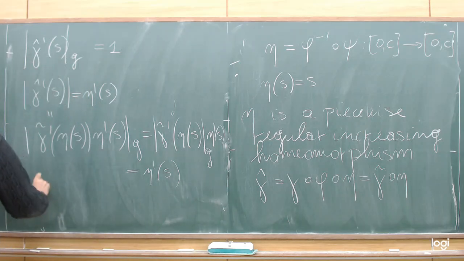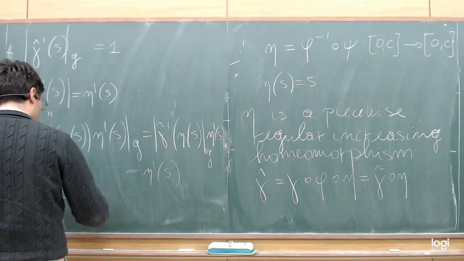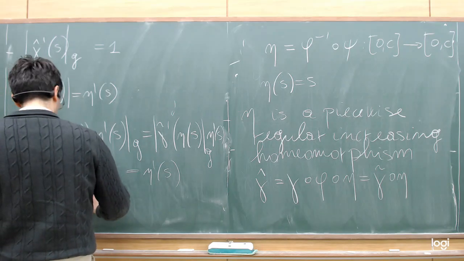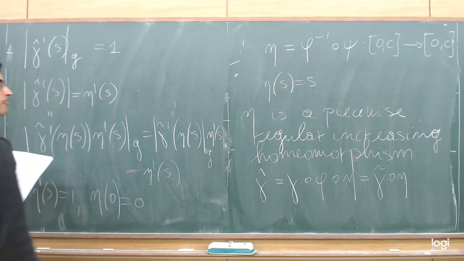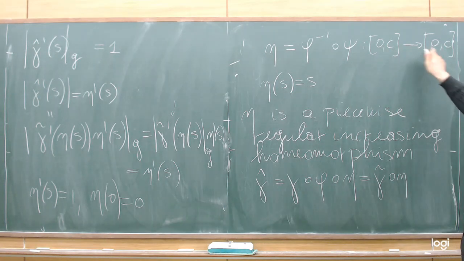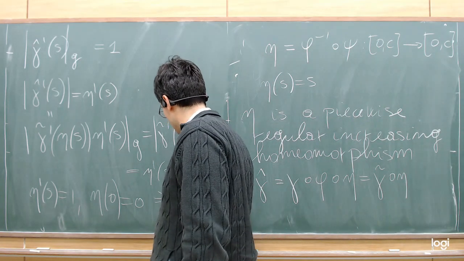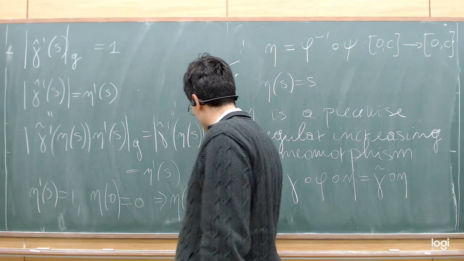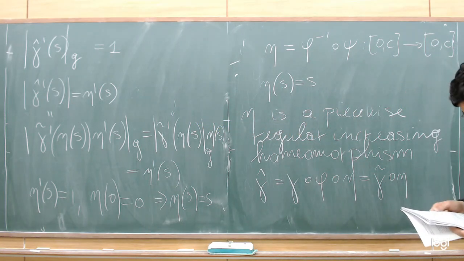So eta prime of s is 1, and since eta of 0 is 0, because it sends this interval onto this interval, then we have that eta of s is s as wanted.